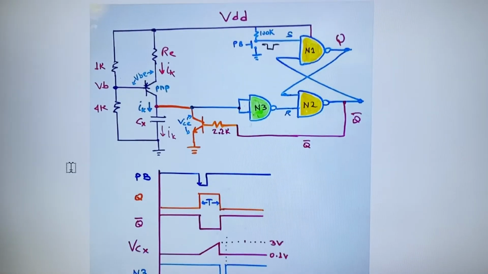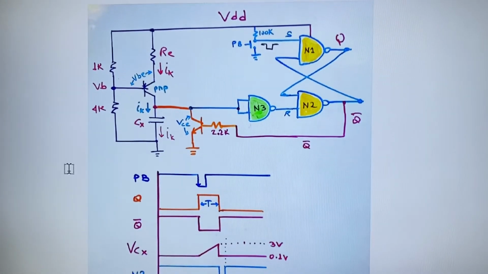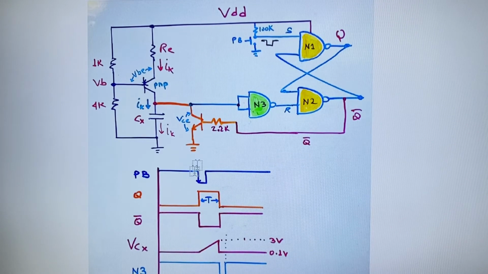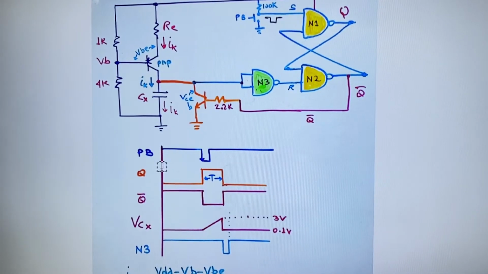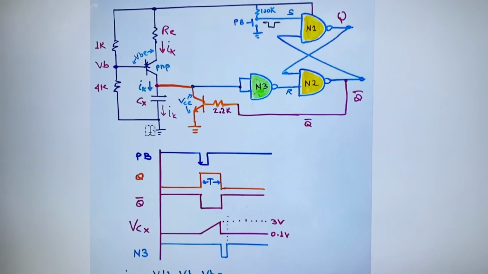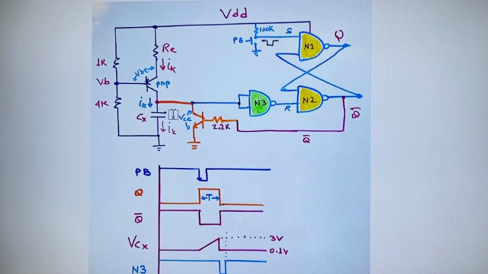I want to show you the timing diagram at the same time. So right here, when you start the circuit, you can see N3. In this circuit, when the push button is open, you have a high logic right there.